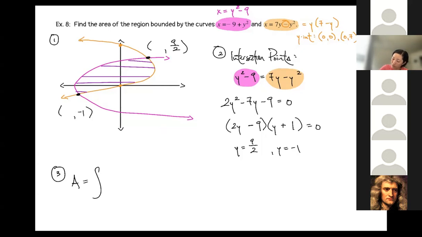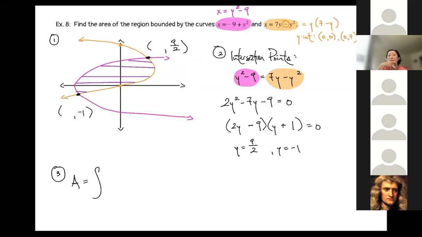In other words, do we want to start down here and draw our rectangles up? Or do we want to start here and sort of count down?